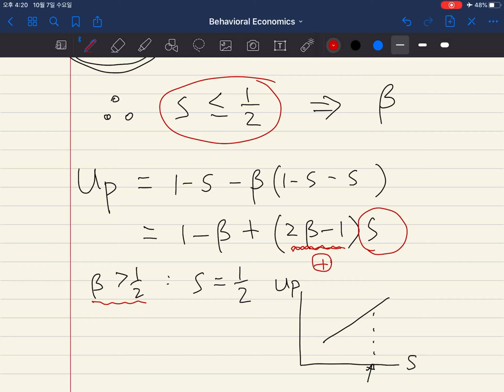So proposer is gonna offer the highest possible share to responder to minimize inequality here. So proposer is gonna offer exactly half to responder.